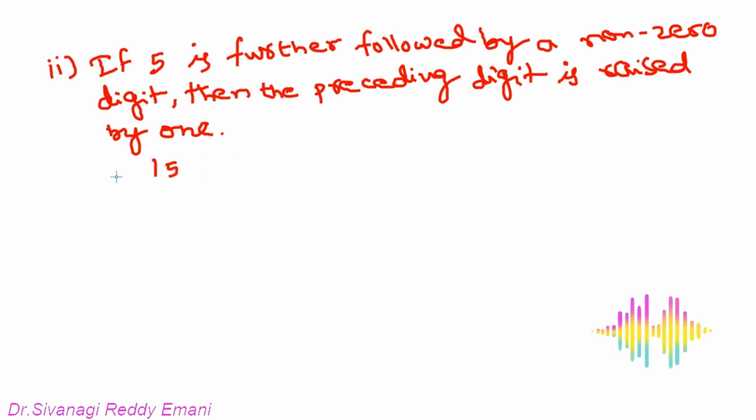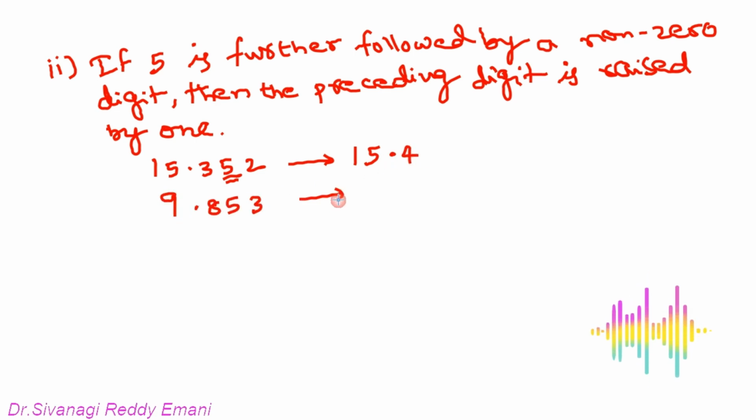For example, 15.352: we want to drop 5 onwards, but after 5 we have a non-zero digit. In that case, we raise the preceding digit. Then 9.853: if we drop this 5, it becomes 9.9. Whenever we are dropping a 5, this is the rule.